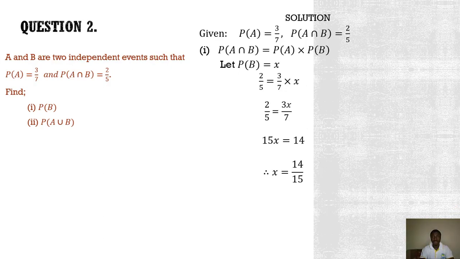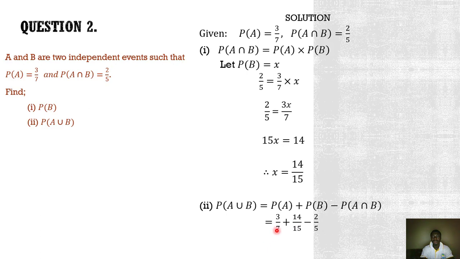I hope you can now recall that probability of A union B is equal to probability of A plus probability of B minus probability of A intersection B. Probability of A is equal to 3 over 7 plus probability of B equal to 14 over 15, that has been calculated in I, minus probability of A intersection B equal to 2 over 5.